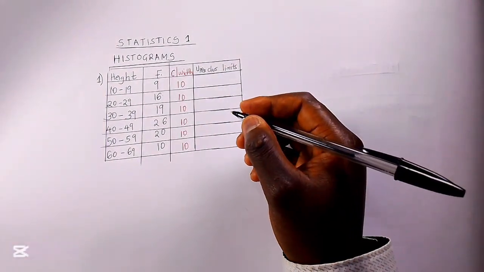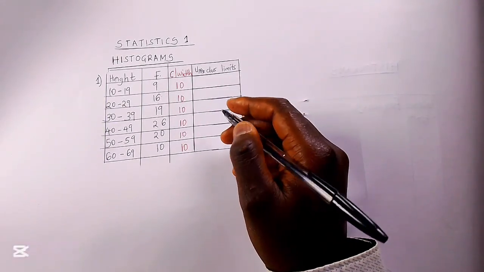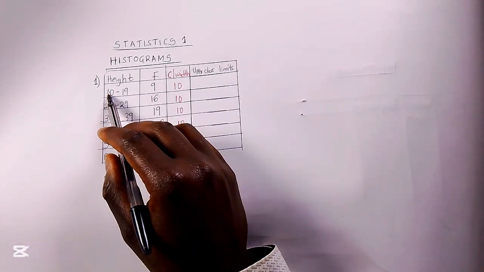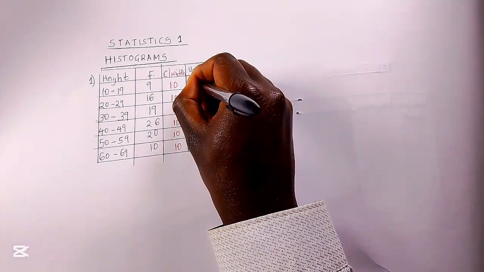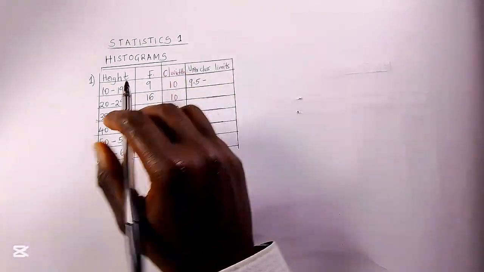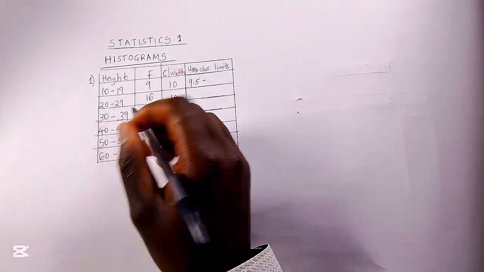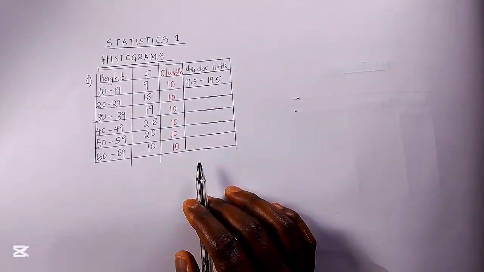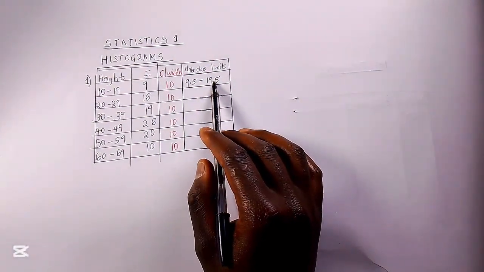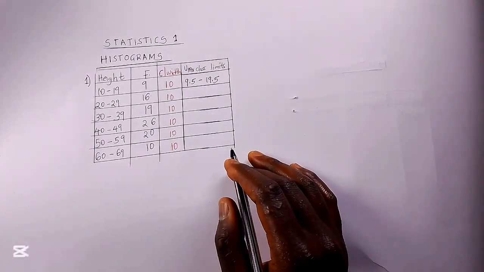For us to check on the upper class limits, how do we check it? We take the lowest boundary of 10, which is 9.5, to the upper boundary of 19, which is 19.5. If you subtract 9.5 from 19.5, it will give you 10.